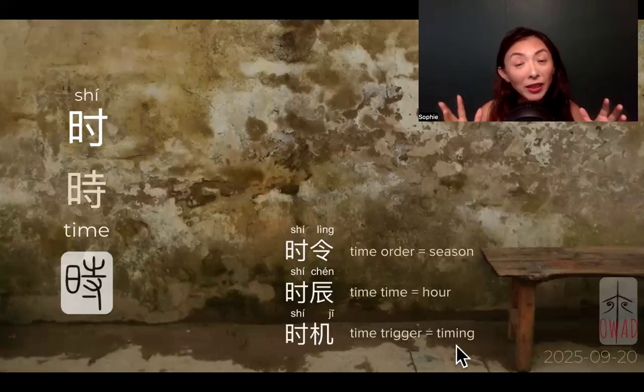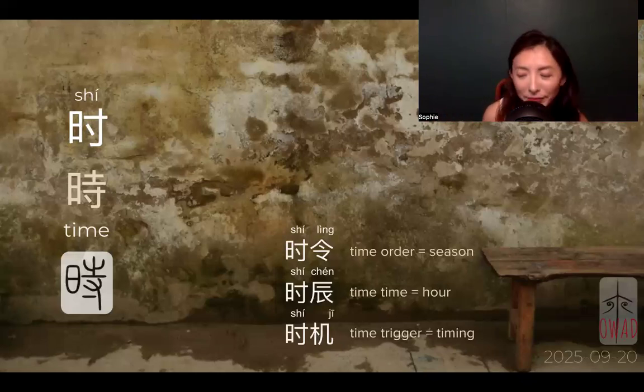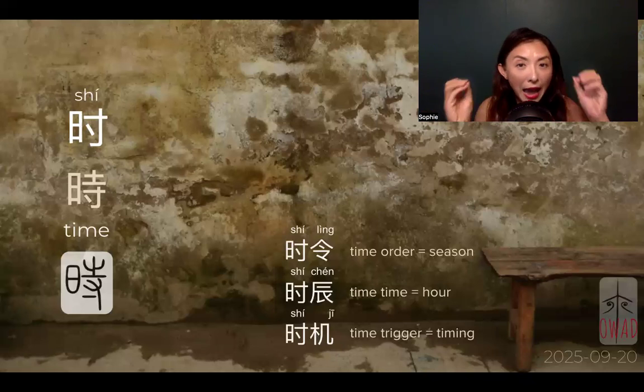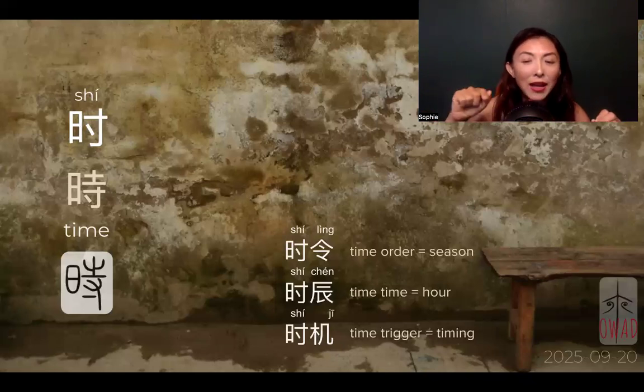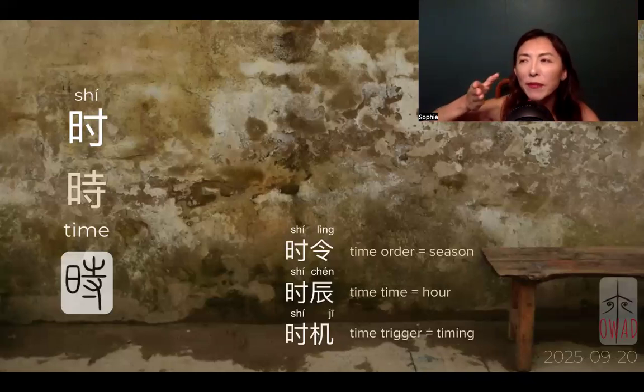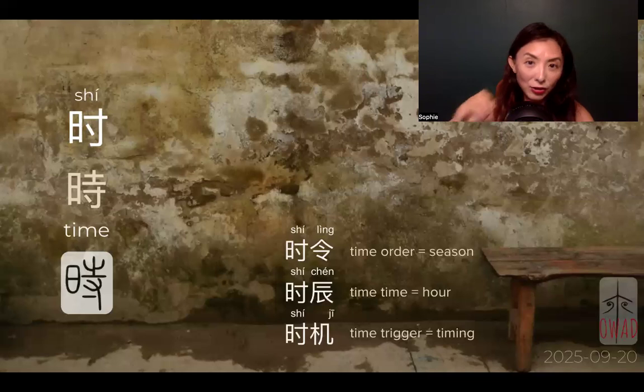So you see, when in English we're talking about timing, right? And we already know, okay, it's related to time, and it becomes kind of an action word, like you aim your action toward that time window. So it's almost like the time or moment guided action trigger.